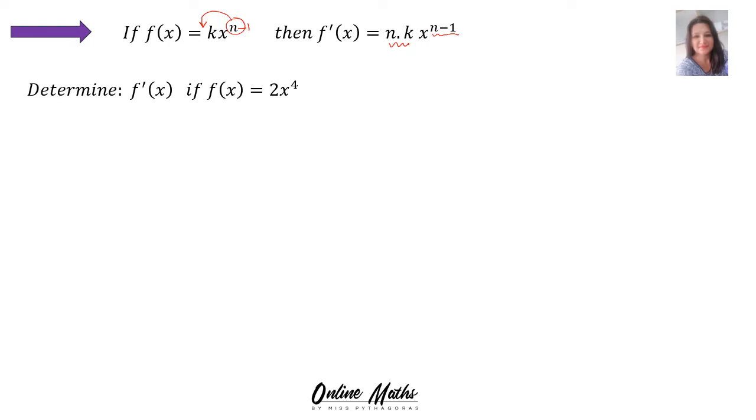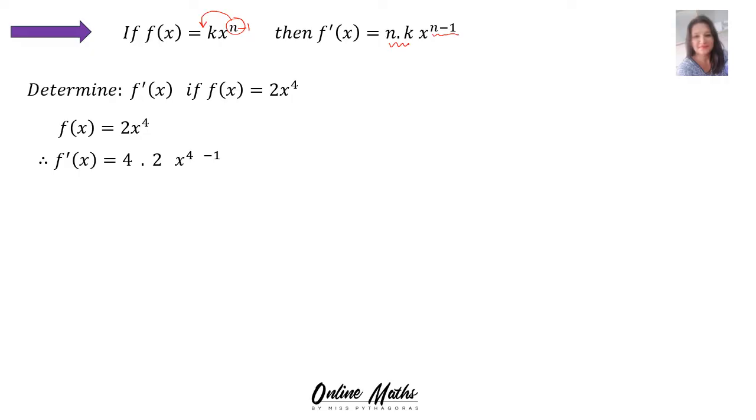Now, determine the derivative if f of x is equal to 2x to the 4. Now, the notation that you're going to use is f dash x, that means the derivative, equals.